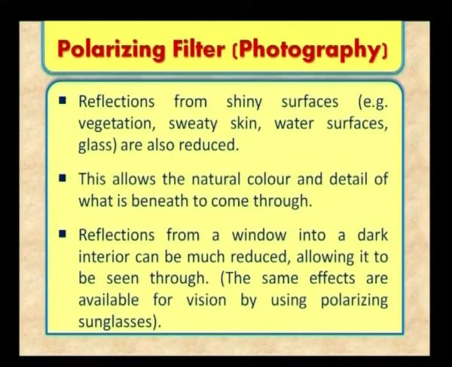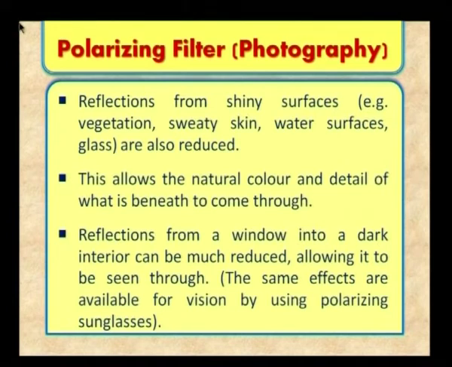So, reflections from shiny surfaces, vegetation, skin, water surfaces, glass, they will lead to a sort of glaring, and the clarity will be lost. And so, the clarity can be improved by using a polarizing filter.